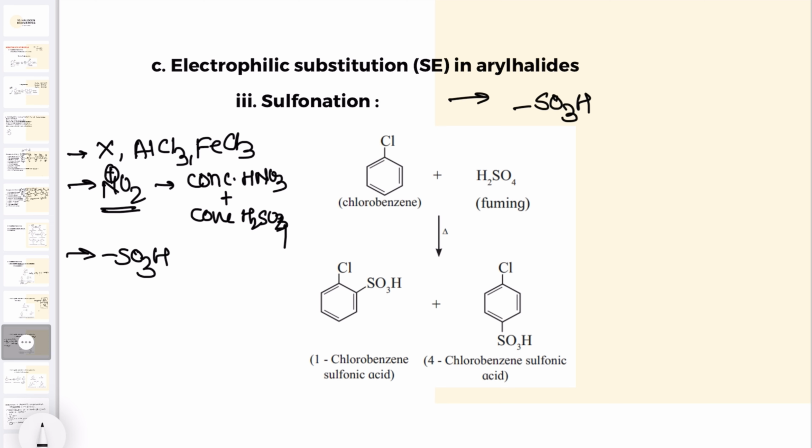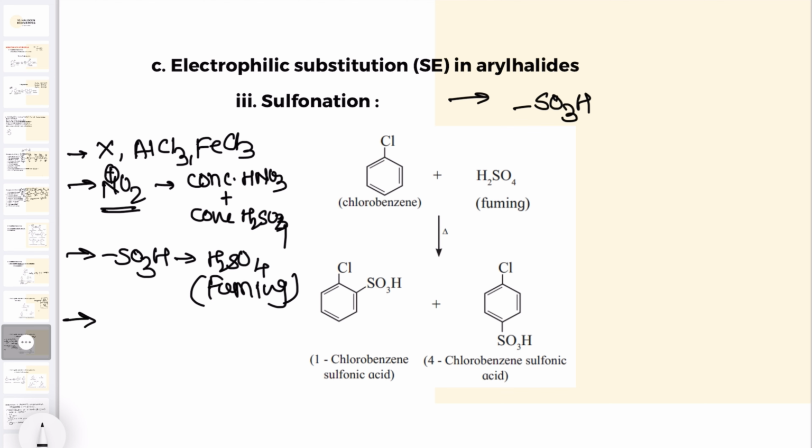For sulfonation, the SO3H group is attached, replacing the hydrogen of the aromatic ring. This is present in H2SO4 in the form of fuming H2SO4, the fumes of H2SO4 used for the replacement of hydrogen by SO3H on an aromatic system.